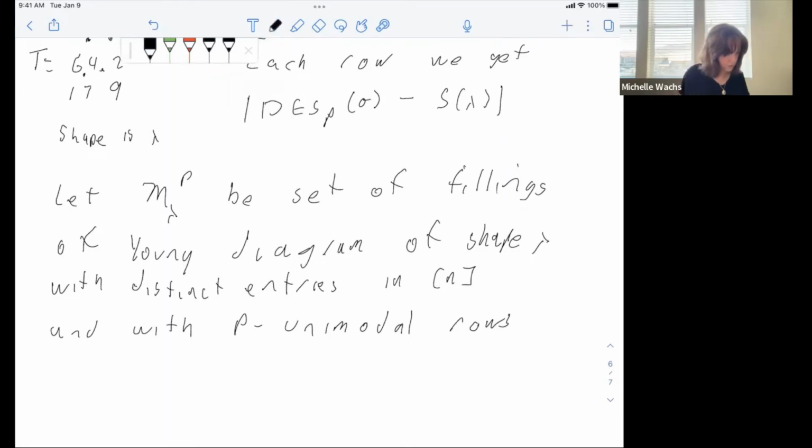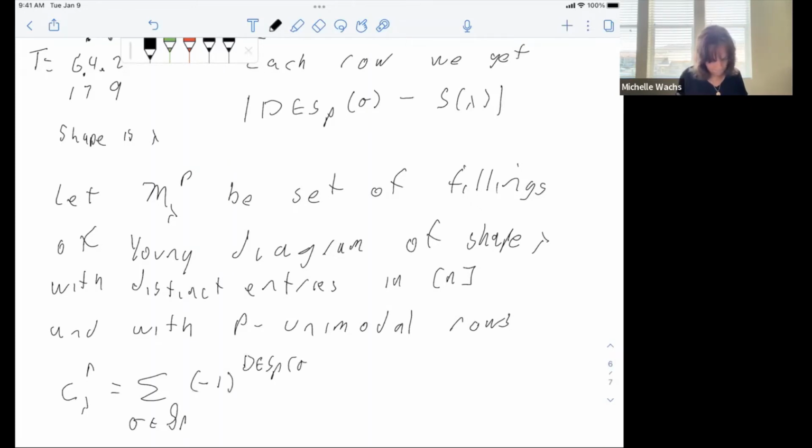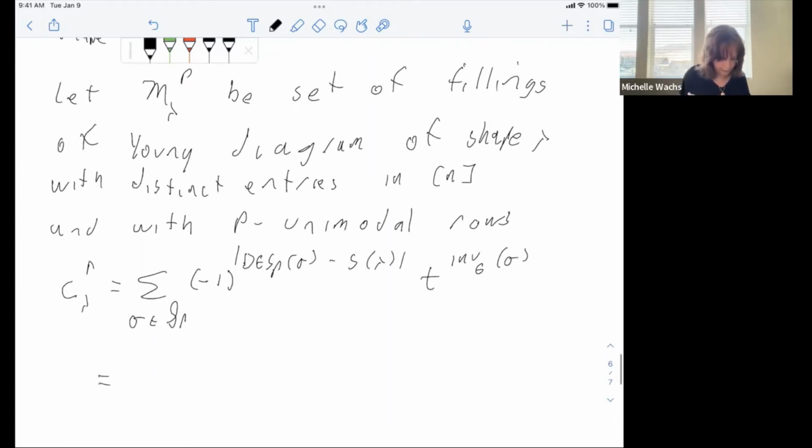So according to Reuschmann's lemma, C lambda P is equal to, I'm just repeating what I had before. That's okay.